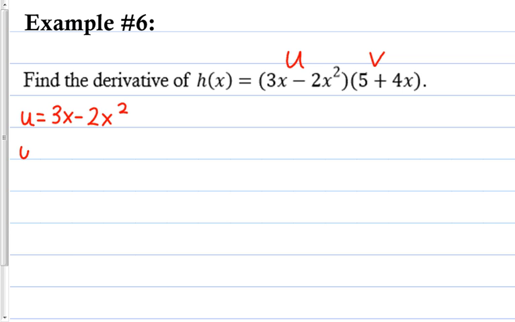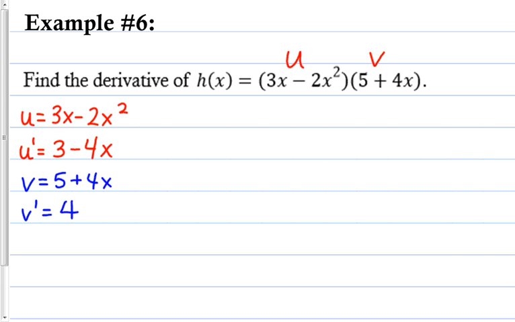So u prime, or the derivative of that, is 3 minus 4x. Now v, the second function, is 5 plus 4x. V prime, let's see, 5 is a constant, so it becomes 0. And then 4x, basically the x just goes away, and I'm left with 4.